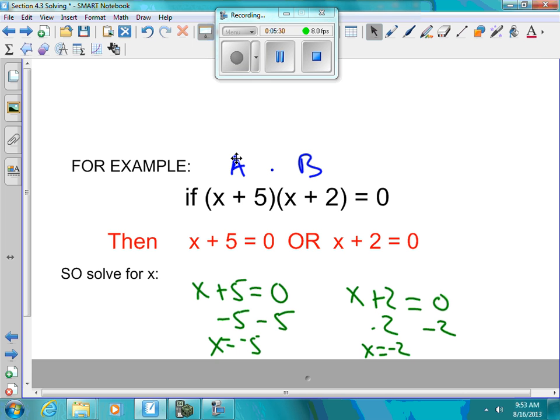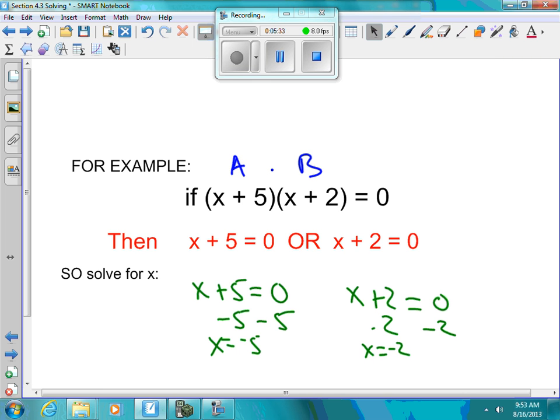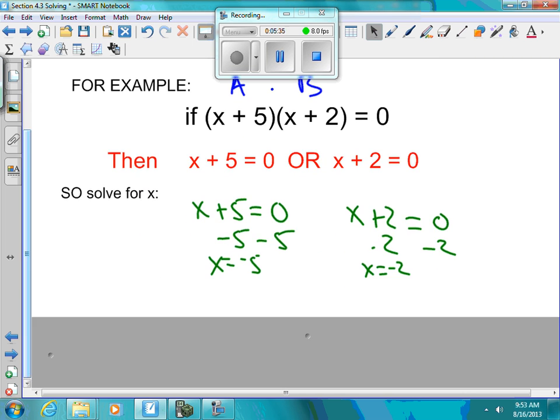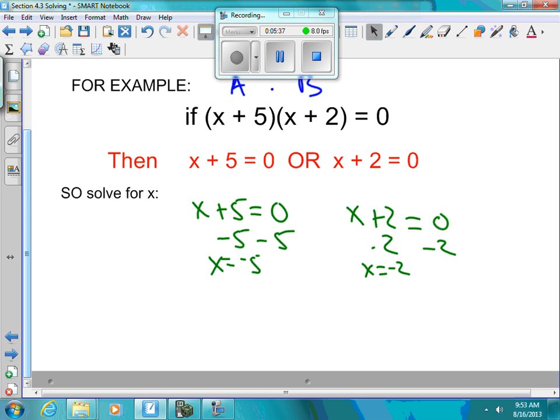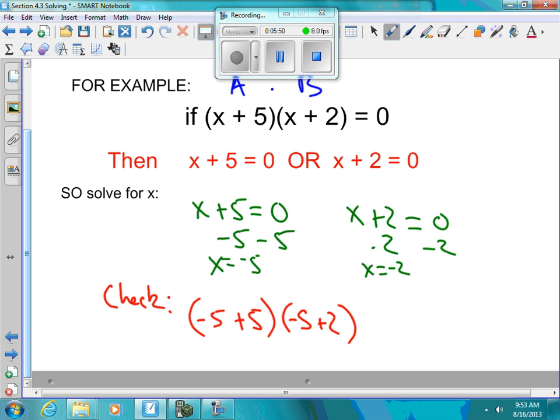First of all, you should check them algebraically every time by plugging them back in. When I plug in negative 5 for x, I get negative 5 plus 5 times negative 5 plus 2.